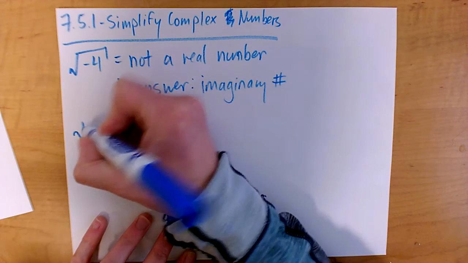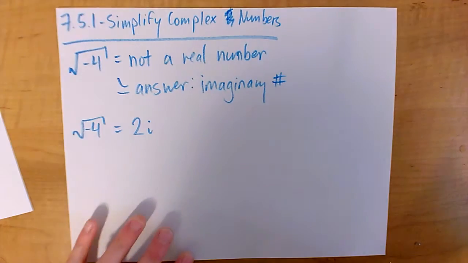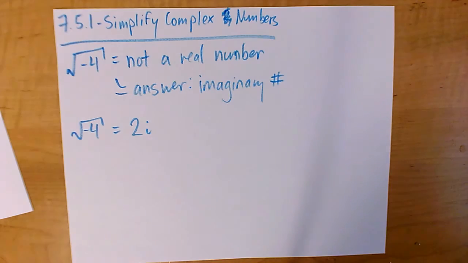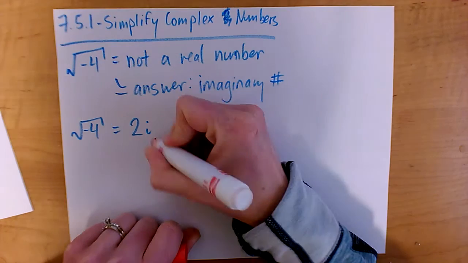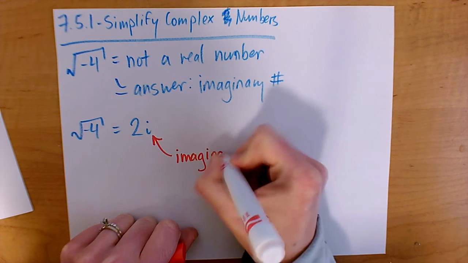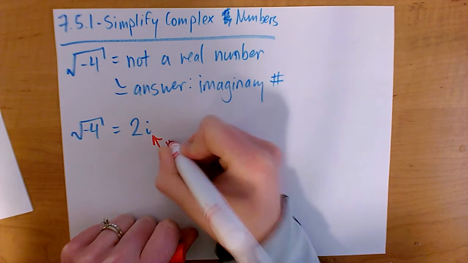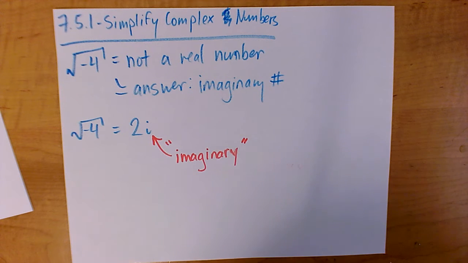The answer to the square root of -4 is 2i. And this i right here, this little i, means imaginary. It's not a real 2, it's an imaginary 2, right? So it's not a 2 that you can graph or do much with, but it just kind of symbolizes something.